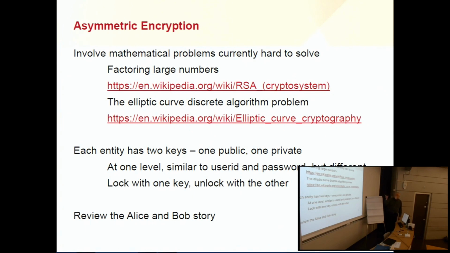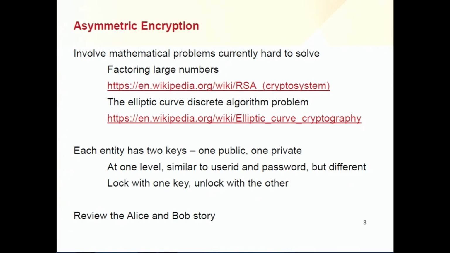So with the elliptic curve discrete algorithm problem, imagine, suppose you were given 1 point on a plane. Well, there are an infinite number of straight lines you can draw through that. Now, if you were given 2 points, that determines a straight line, but it doesn't determine a parabola. There's still a whole family of parabolas that could go through those two points.